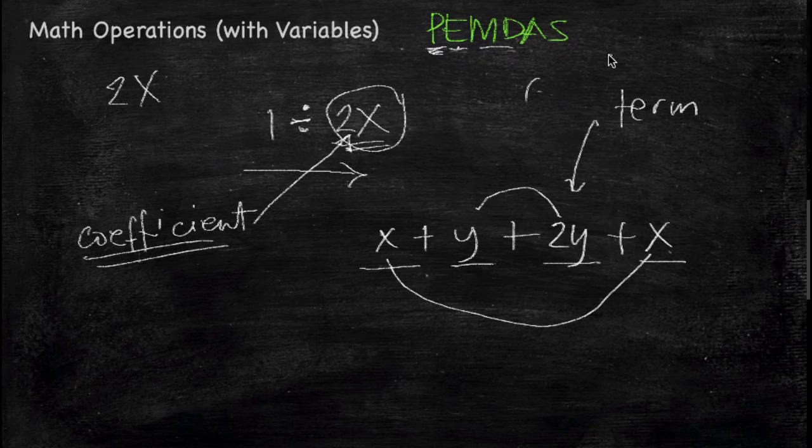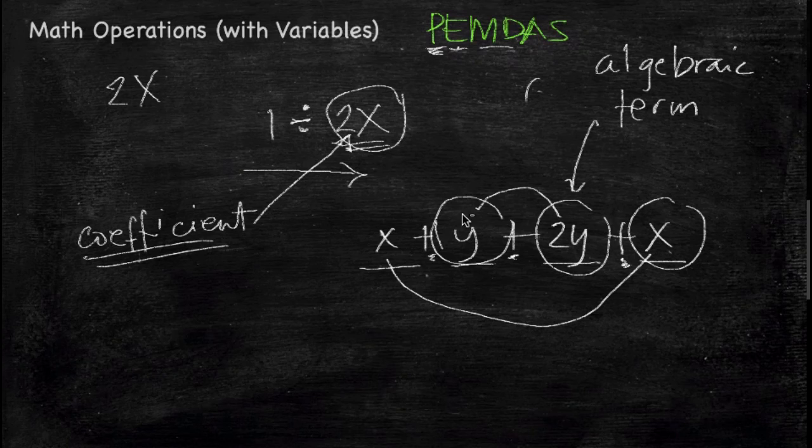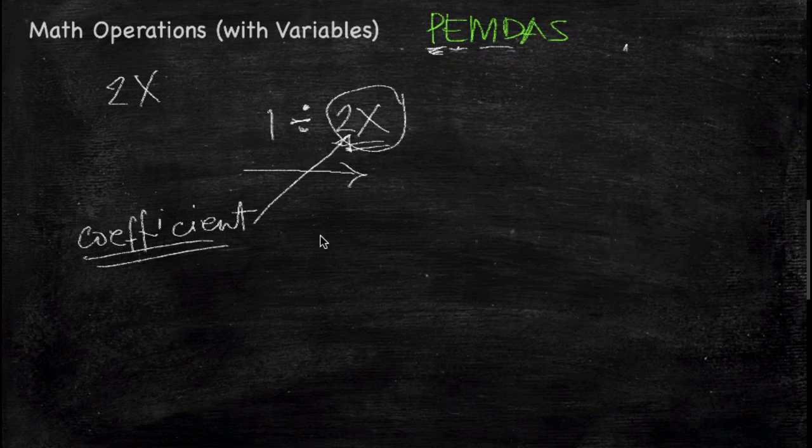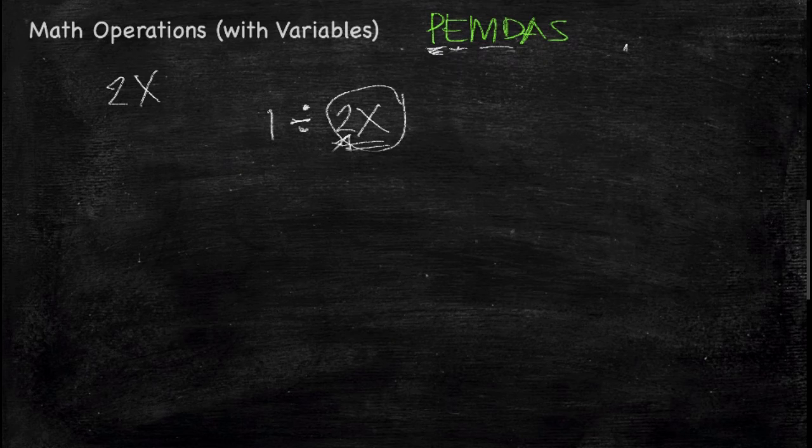So ano ibig sabihin ng algebraic term? Lahat ng napapagitan nitong symbols ng plus or minus, each individual na yan, ang tinatawag nating term. Okay? Definition lang. Don't worry about that. That's not a very big deal. But para magkaintindihan lang tayo.